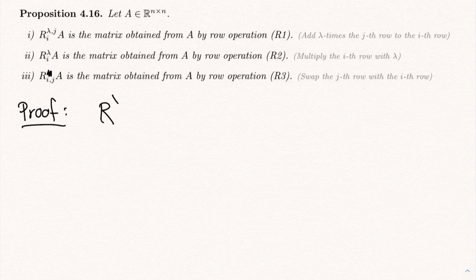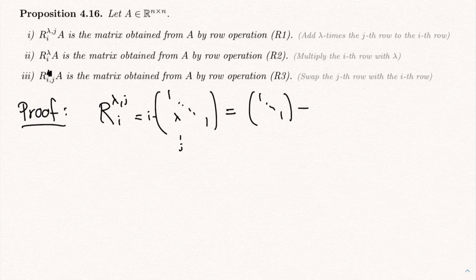So first, this R lambda ji was this matrix here with 1 on the diagonal, and at some point I have this lambda at the jth row and ith column. So this is the same as taking the identity matrix plus lambda times the matrix which is 0 everywhere except at this position where I have this lambda. And this matrix we want to call Eij.